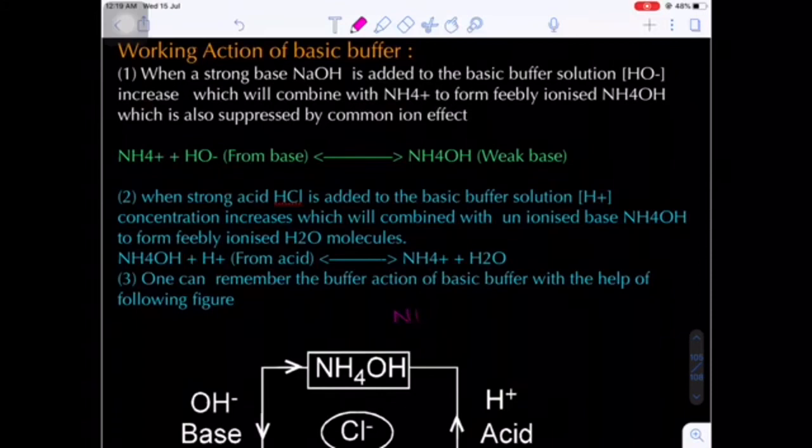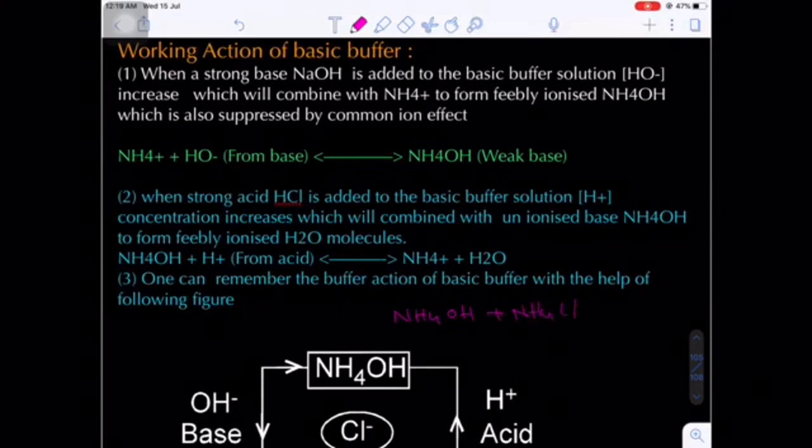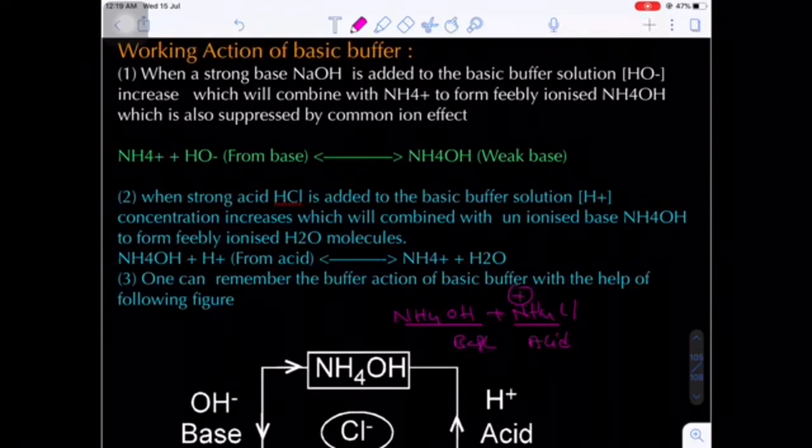Okay, now just like the working principle of the acidic buffer, here is the working principle of the basic buffer. Let's suppose in the basic buffer, the best example is ammonium hydroxide and ammonium chloride. Here the ammonium cation can act as an acid, and ammonium hydroxide is a base.